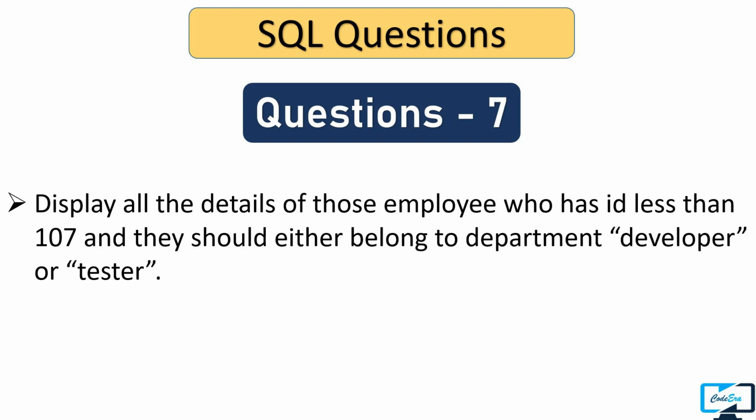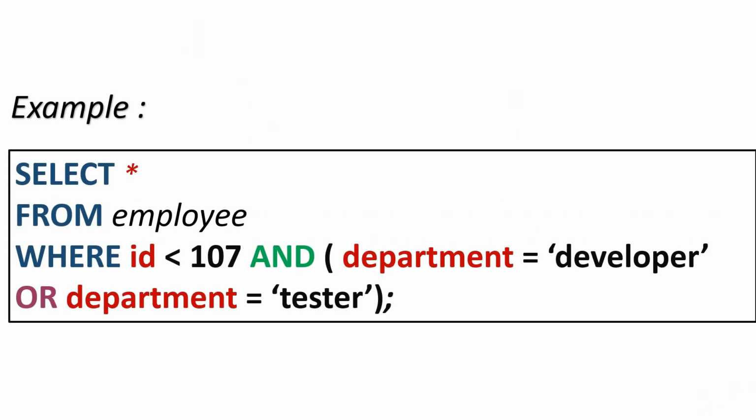In this case, we have to use the AND and OR operators together. So we will write select star from employee where ID less than 107 and after that we will use parentheses. Inside the parentheses we will write department equal to developer or department equal to tester.